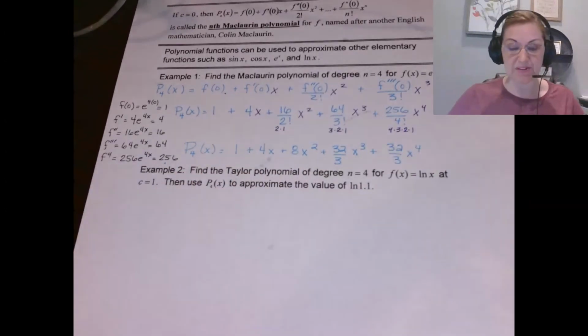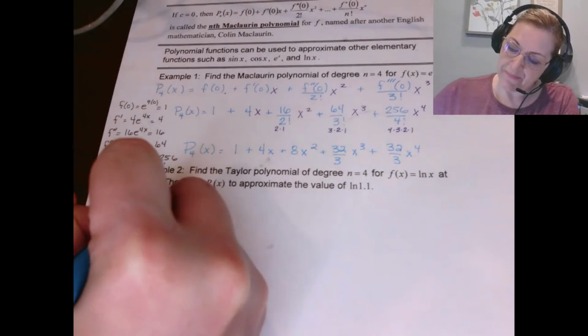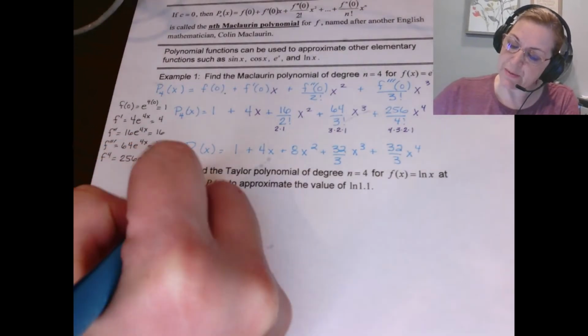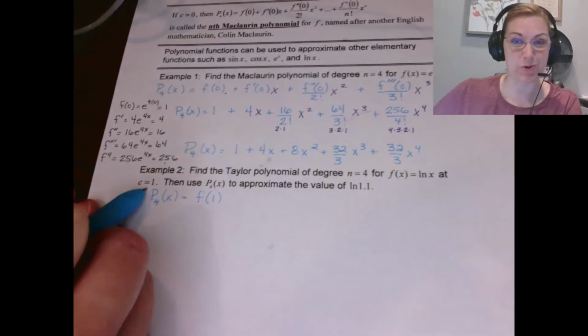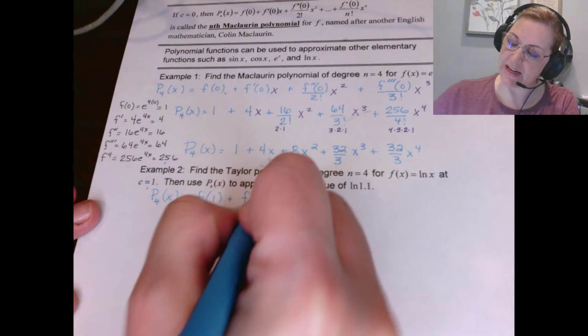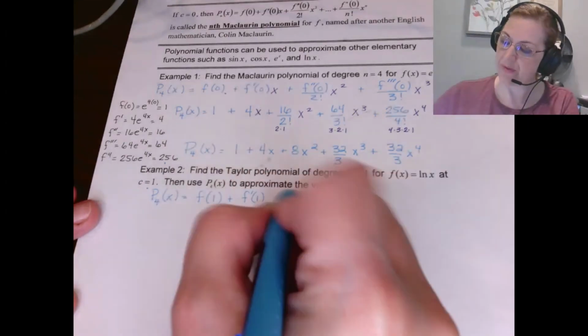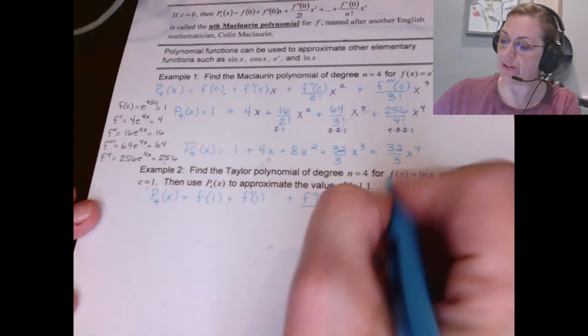So the setup is very similar in this one. We want a 4th degree, but the difference in this one is, of course, we're going to center at 1, we're told, okay? And so when I set up my Taylor polynomial, I've got all the same derivatives set up with the factorials.